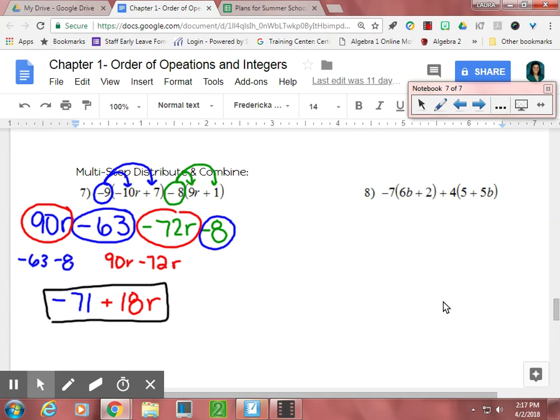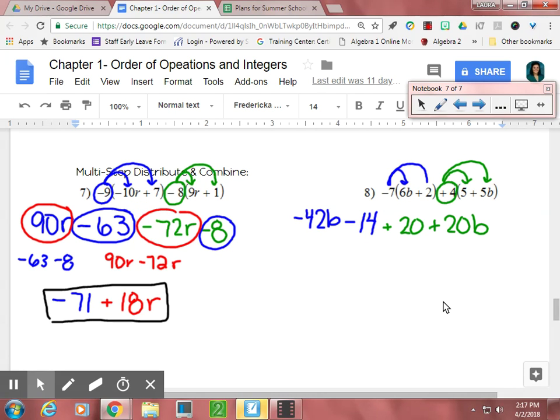We're going to do the same thing on this last one. Distributing here first, so I'm going to get negative 42b minus 14. Okay, and over here I'm distributing a positive 4. So I get plus 20 and plus 20b. So now I want to look and see where are my numbers and where are my letters.